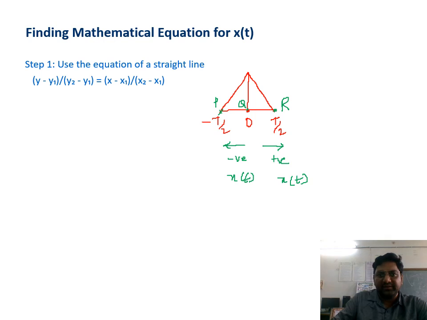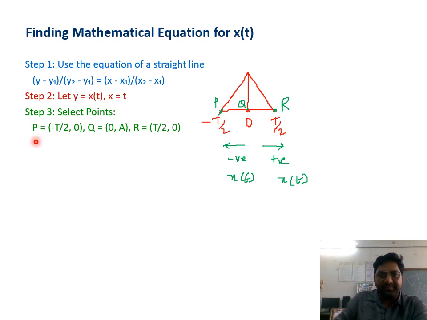Looking at the expression, we know that the straight line equation is (y minus y1) by (y2 minus y1) is equal to (x minus x1) by (x2 minus x1). Also I am assuming that y of t is x of t and x is equal to t. So the points P and Q are as discussed. Point P is at minus T by 2 on the x-axis, and there is no y-axis part, so it is 0.